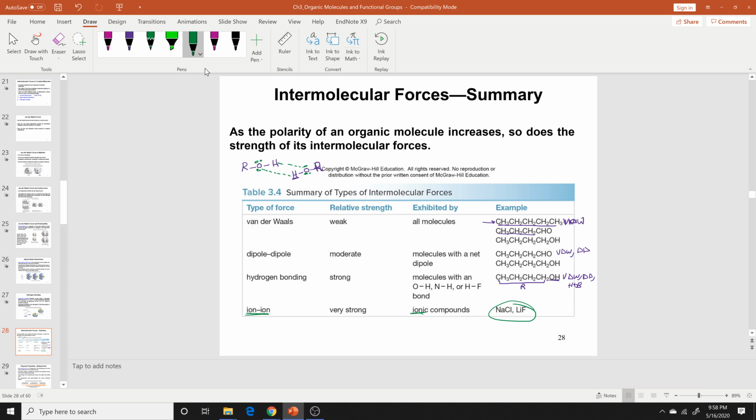Since they are ionic bonds, the type of interaction is between ions. So it's an electrostatic type interaction over there, which is the strongest type of intermolecular force. This is an F minus. It's extremely strong, stronger than hydrogen bonding.